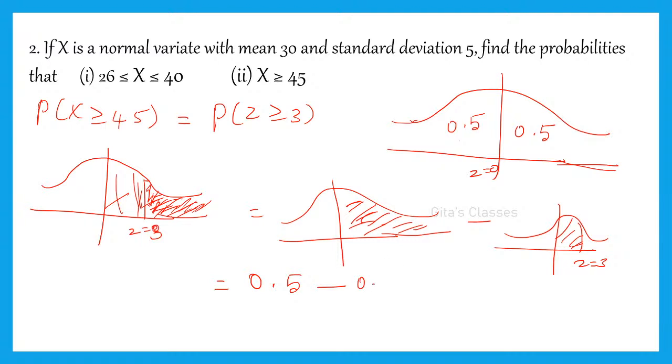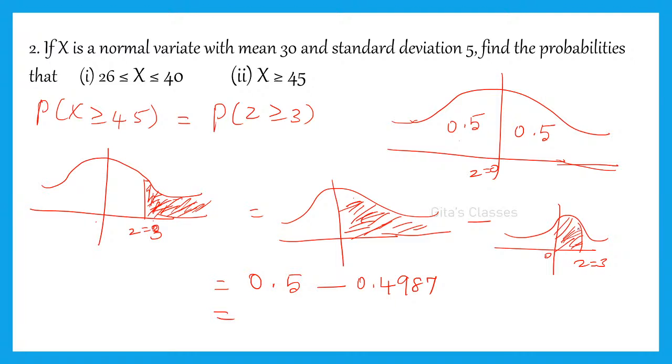0.4987 is correct. 0.4987 is for z from 0 to 3. You have to subtract it from 0.5. I hope all of you understood this. I want this area, but I can use the table only from 0 to z. So the entire half area I will take, minus this value from 0 to 3, should be subtracted.